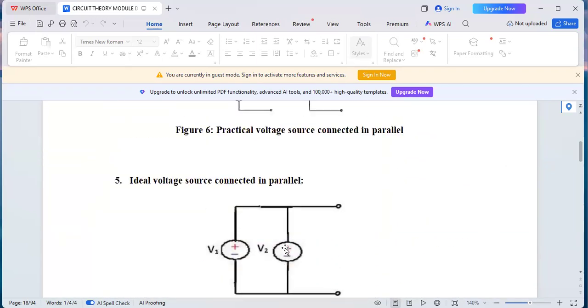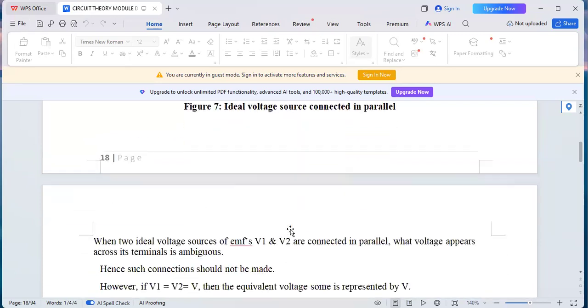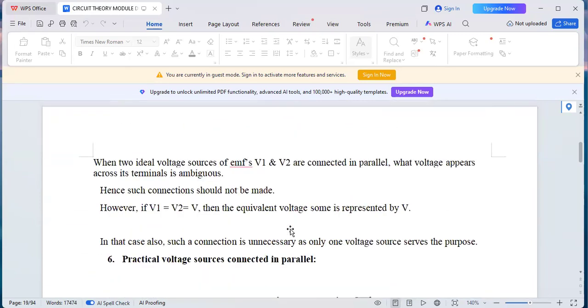Then ideal voltage sources connected in parallel. Look at that. You don't see any resistance connected to it. So the EMF, V1 is equal to V2 and is equal to V.